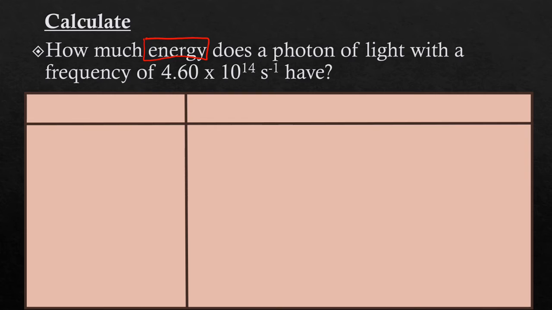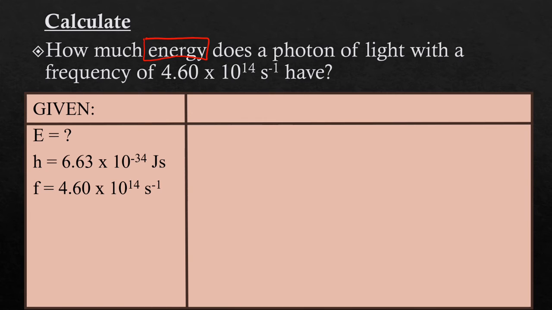It's E equals H times F. So E is a question mark. We don't have it. H is a constant, y'all. It's 6.63 times 10 to the negative 34 joules times seconds. And finally, we have frequency, which is given to us as 4.60 times 10 to the 14th inverse seconds.